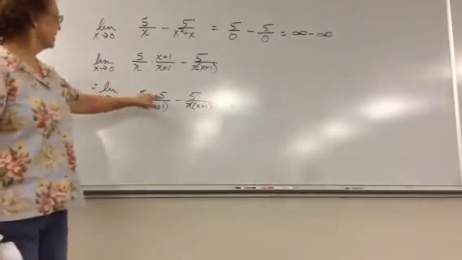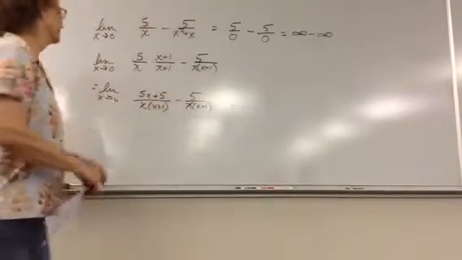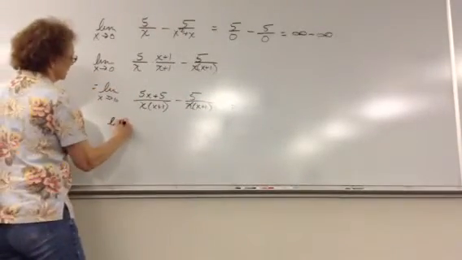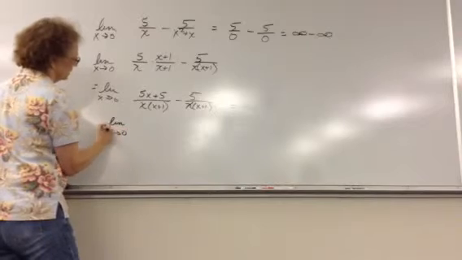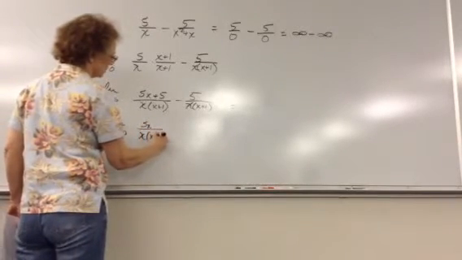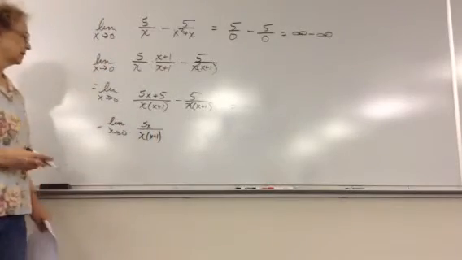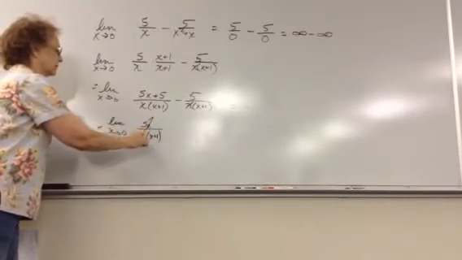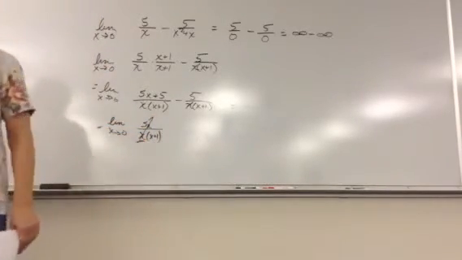So we've got 5x plus 5 minus 5 over that common denominator. And so we've got 5x over x times x plus 1. And there we go. That'll help us out a lot.